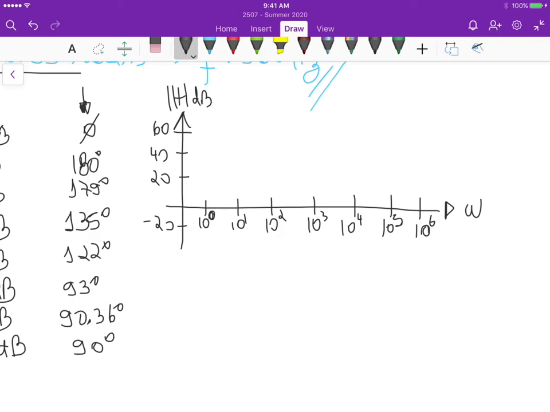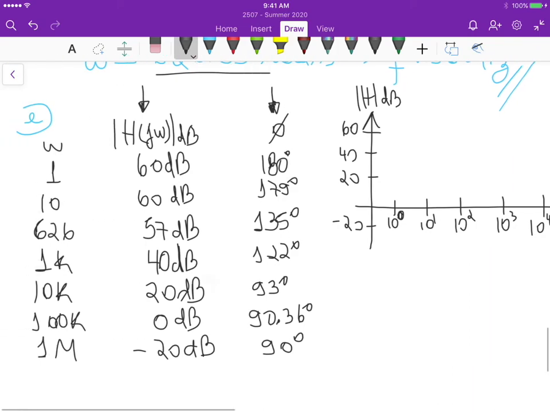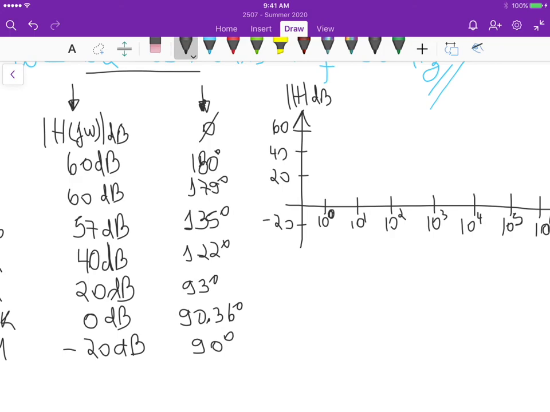So we know that for lower frequencies, up to 10 to the 2, we stay at 60 dB. Then around here at 600 and something, close to the end here, a little bit lower than that, it's 57.